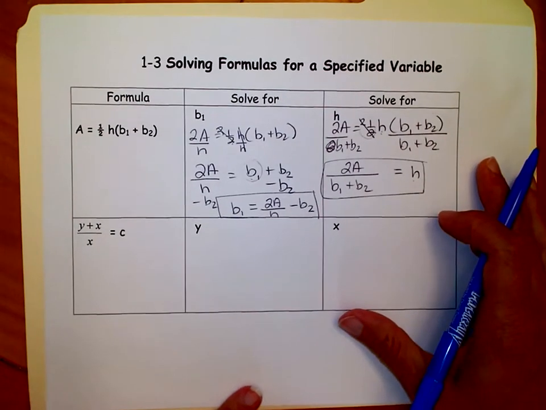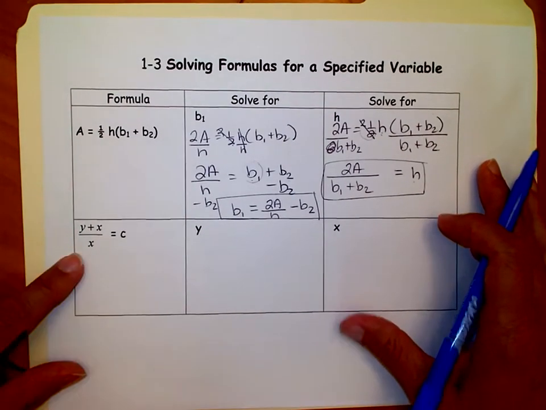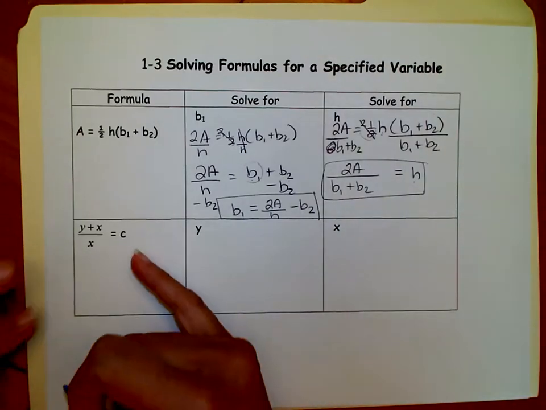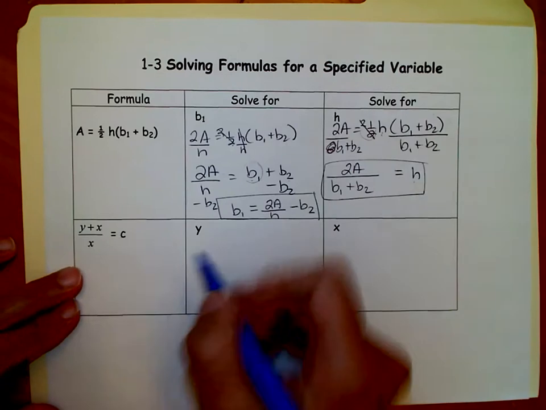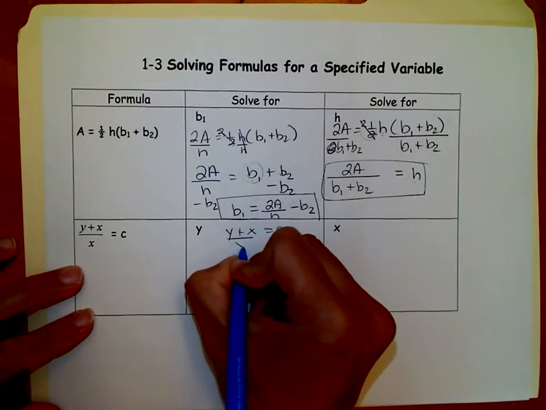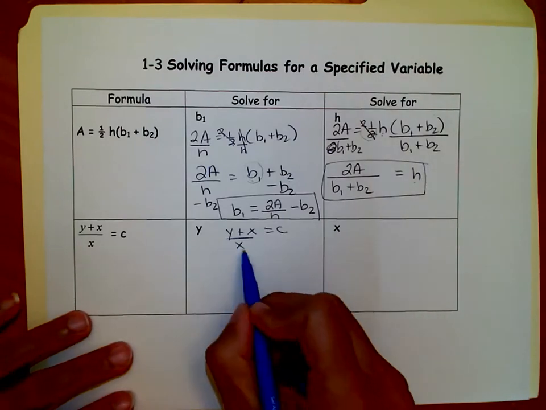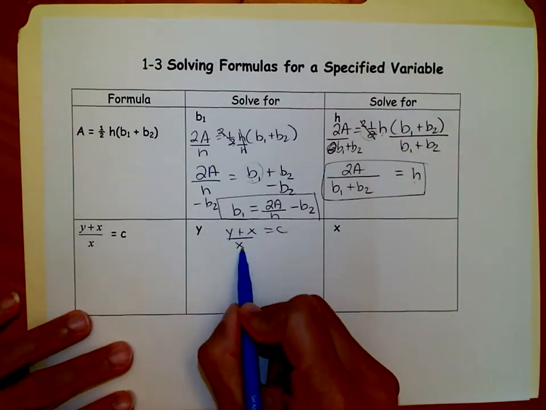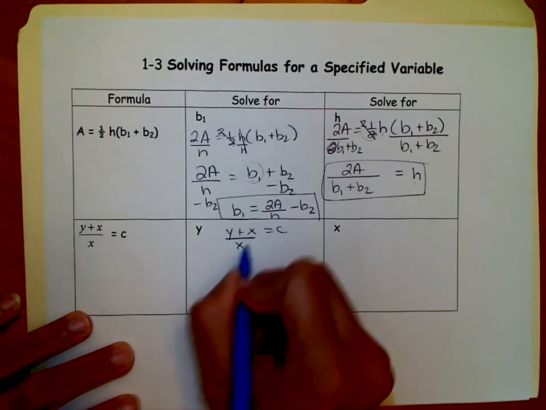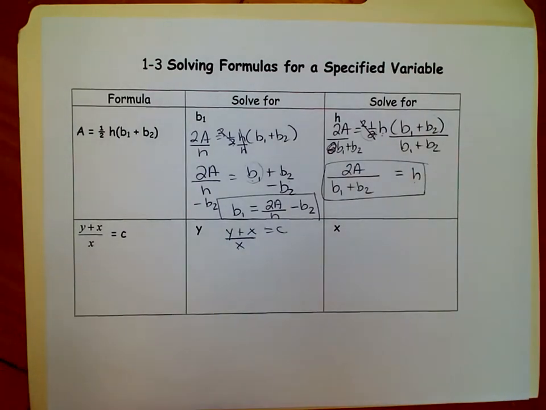A little simpler. Okay, we're going to try to get y alone on this one. So to get y alone, let's rewrite our formula. y plus x over x equals c. To get y alone, the first thing I want to do is to get rid of my x. So I multiply. Remember, it's being divided. The opposite of division is multiply.